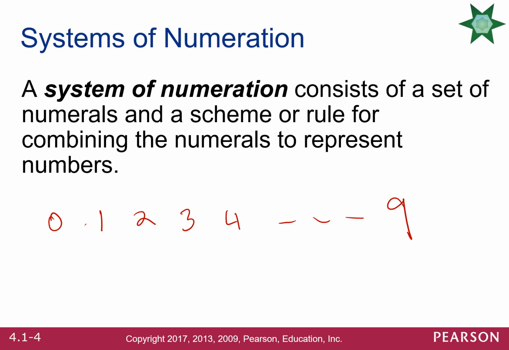So to represent the number, let's say 48, we write it like this, right? But there is a rule that we must follow to come up with the numbers higher than 10. Oh, sorry, higher than 9. All right, so that's the system of numbers or number system. It consists of numerals as well as the underlying rule by which we combine the numerals to represent different numbers.